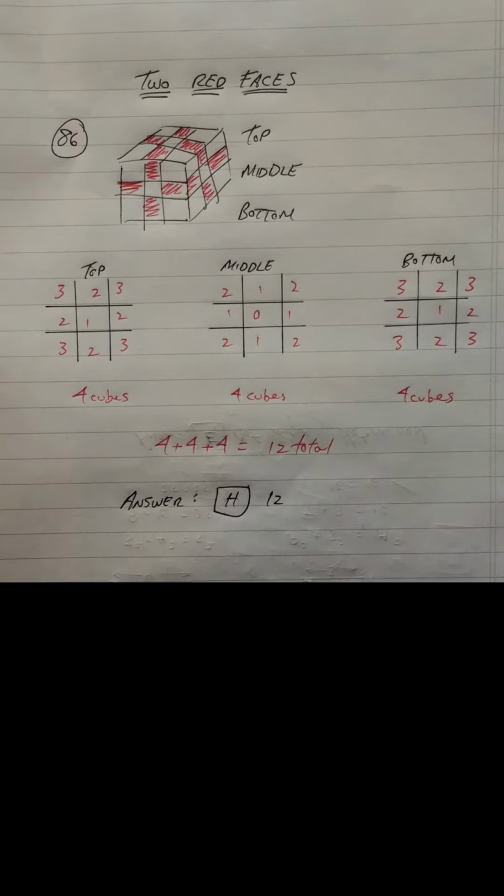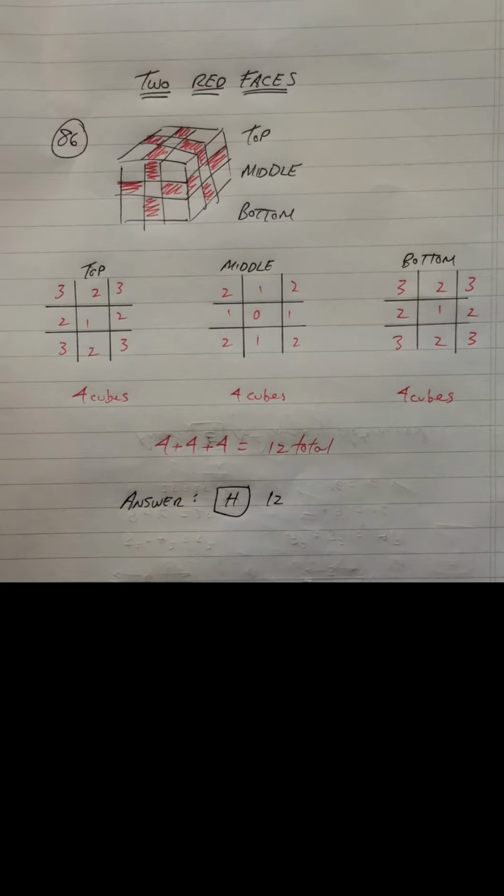Question 86. When considering the painted faces of a cube that is 3 by 3 by 3, it's good to stay organized by focusing on the top layer of cubes, the middle layer, and the bottom. Here I've painted in red the cubes, seen from the side, that have 2 red faces.